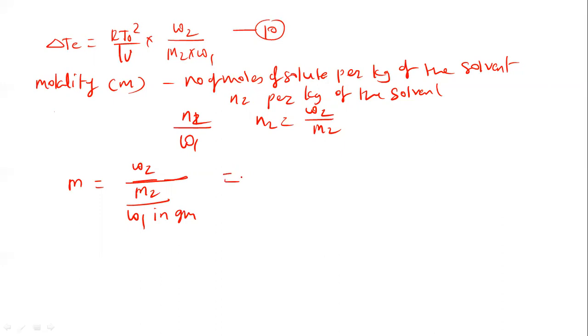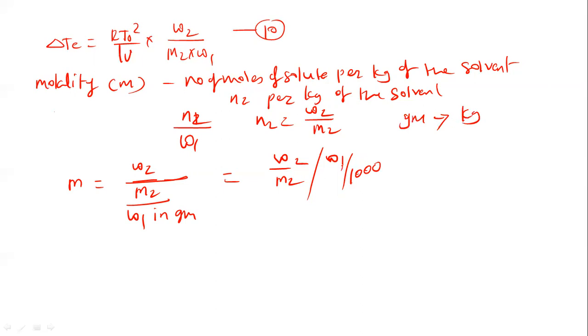So we can write this equation now: W2 upon M2 divided by W1 upon 1000. Okay. So now it is in kg. W1 is the weight of the solvent in gram, but to convert gram to kilogram, we have to divide W1 by 1000.